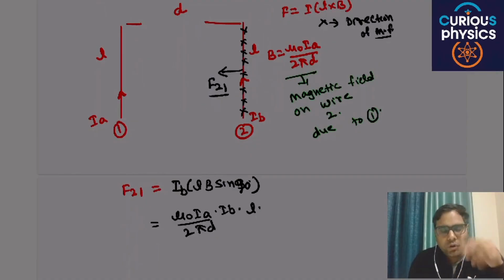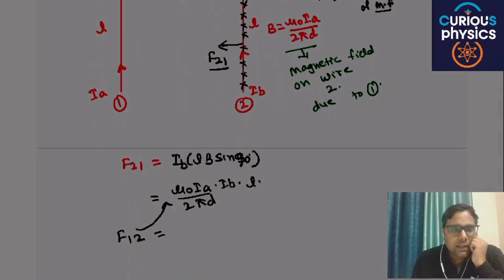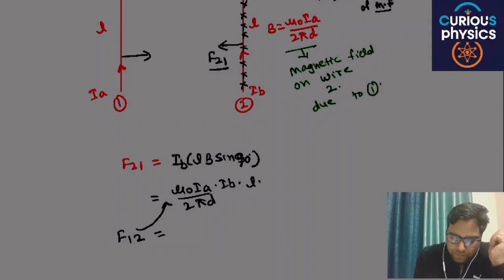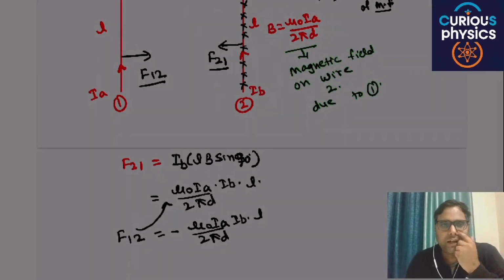And if you want to derive F12, you will get the same derivation, but the direction is opposite. F12 will be in this direction. The value will be the same, which you can derive with the help of what we have derived just above.